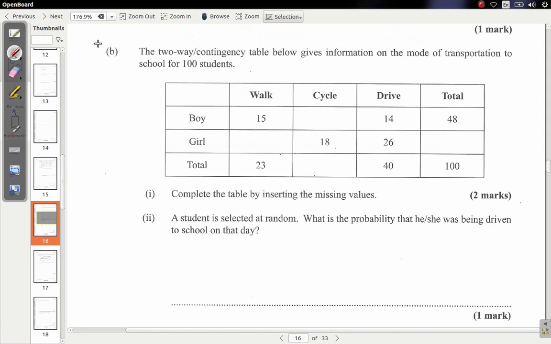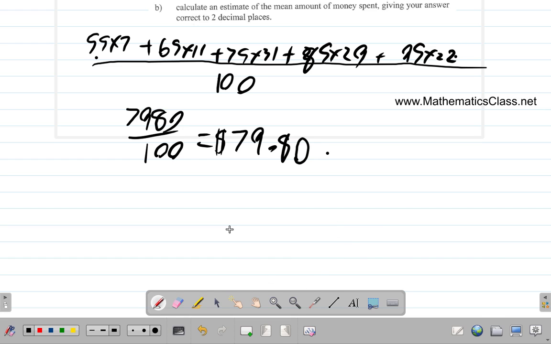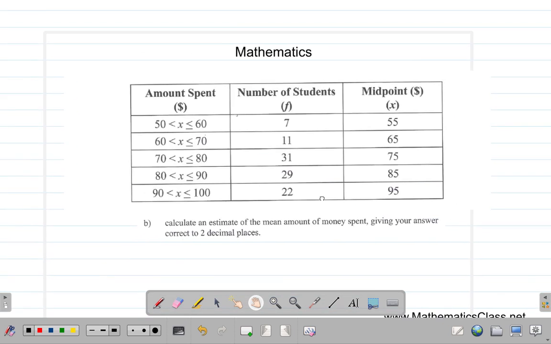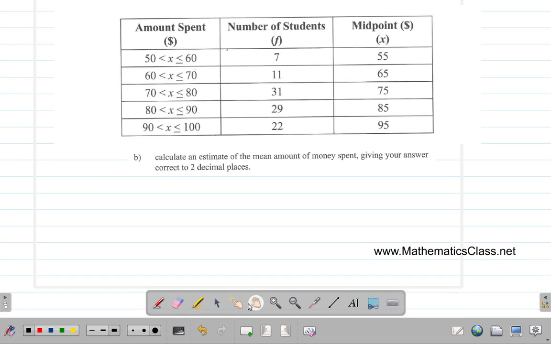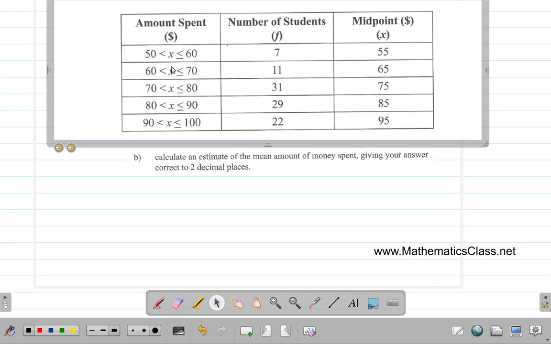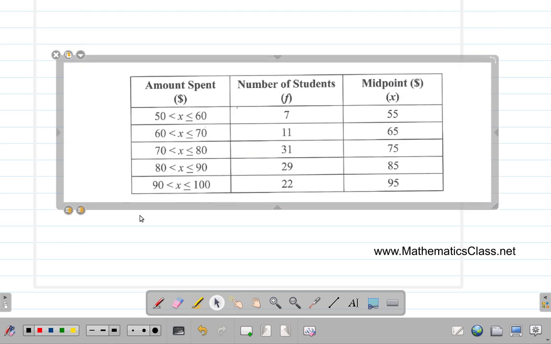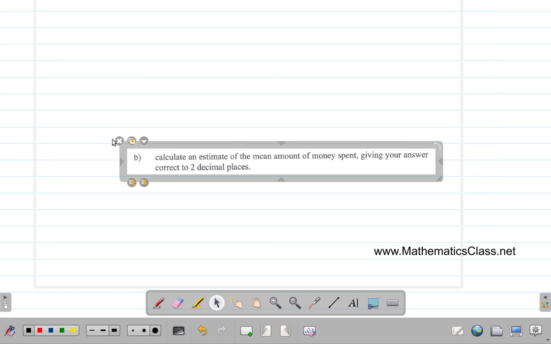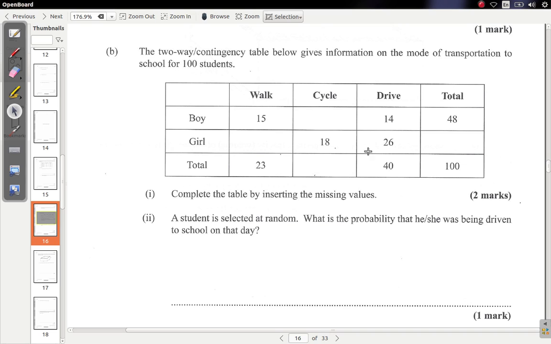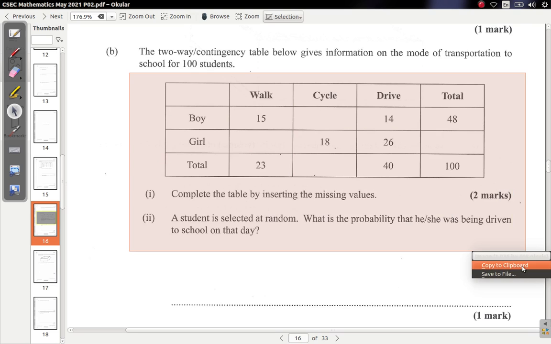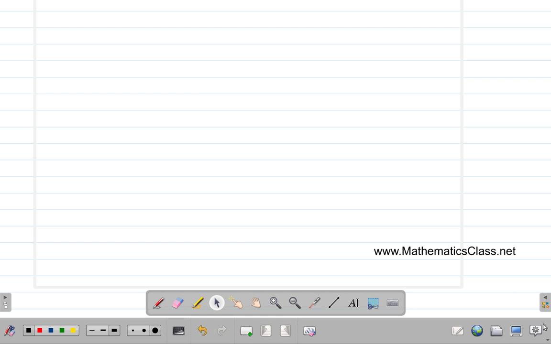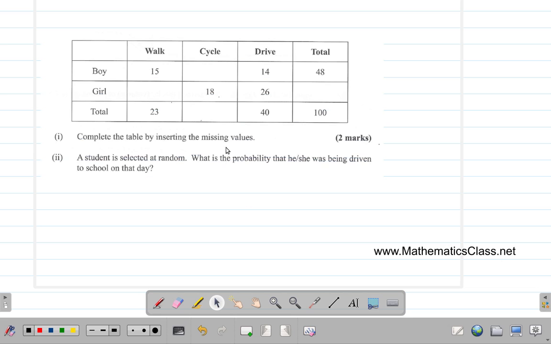Alright. What I'm going to do is get rid of some of these things and work on this screen now. Let me copy this and put it over there. Paste.